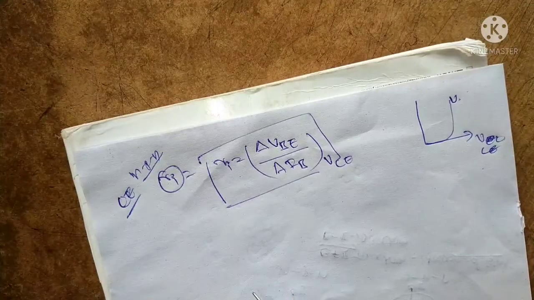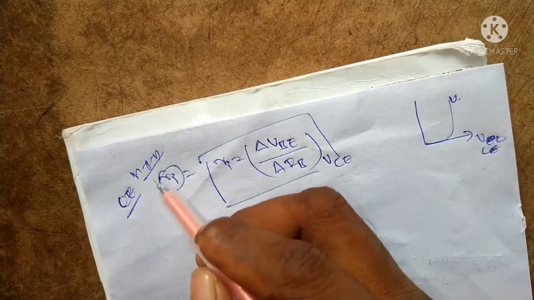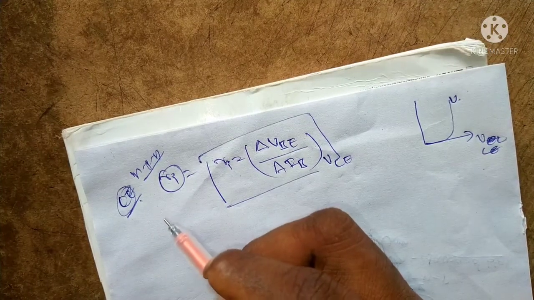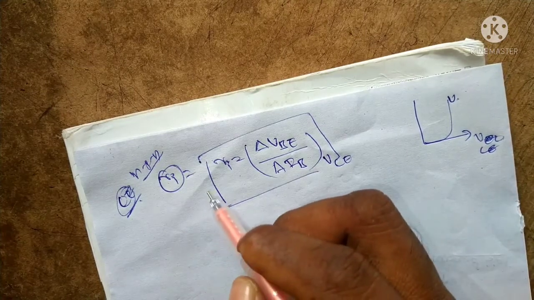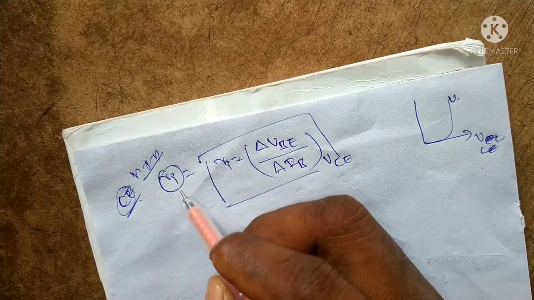We will discuss the input and output characteristics of the NPN transistor in the CE configuration, that is common emitter. It has some important parameters. Now we will discuss the input parameters like input resistance.